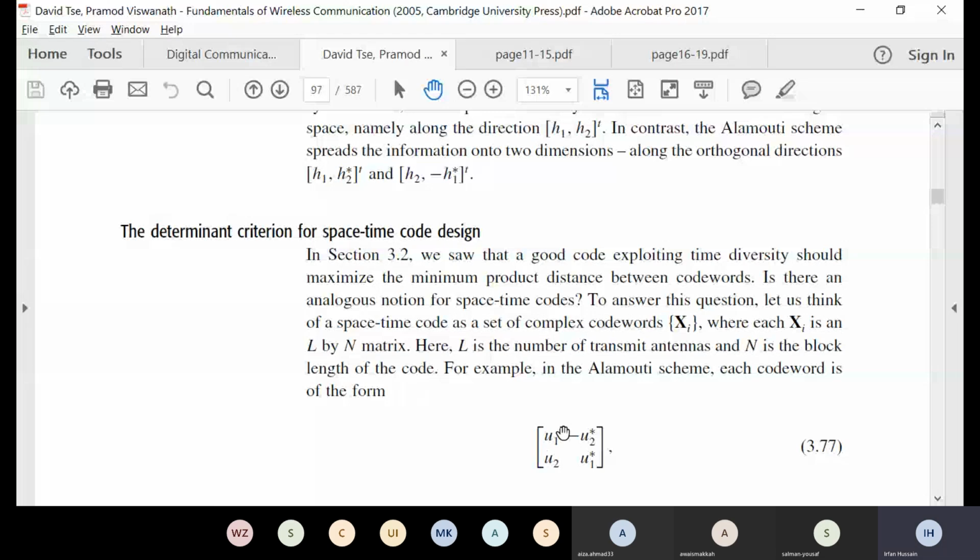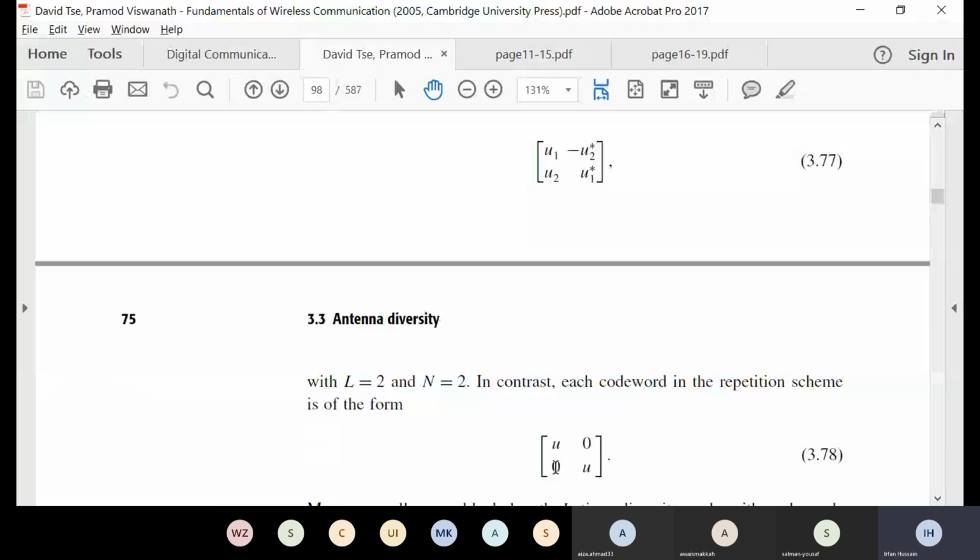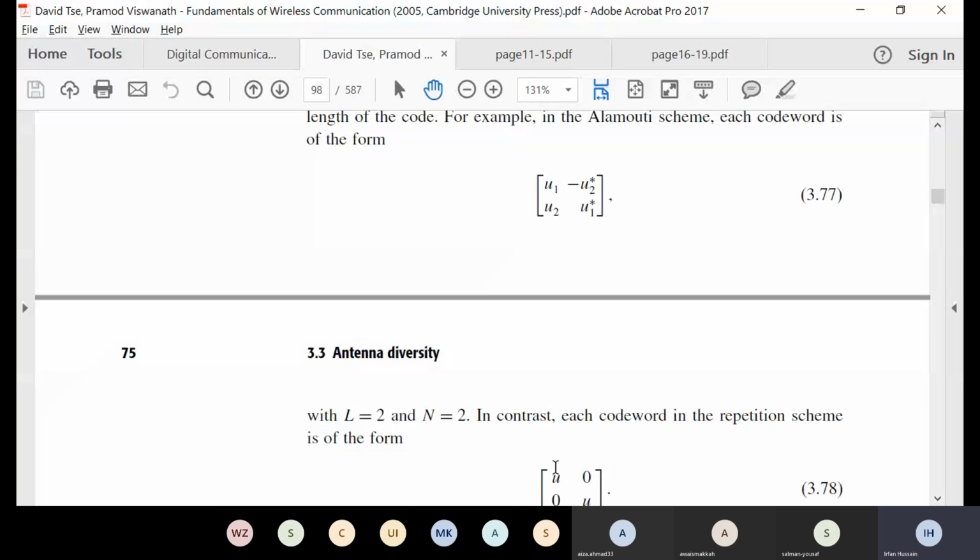So for example, what is the code in the repetition scheme? In the repetition scheme, I will send one symbol through one antenna. Then in the second symbol time I will send the same symbol but through another antenna. So those two symbols will be reaching through two different channels.